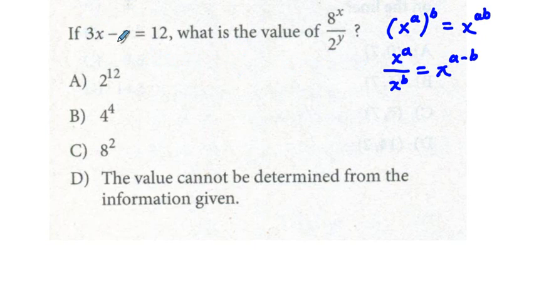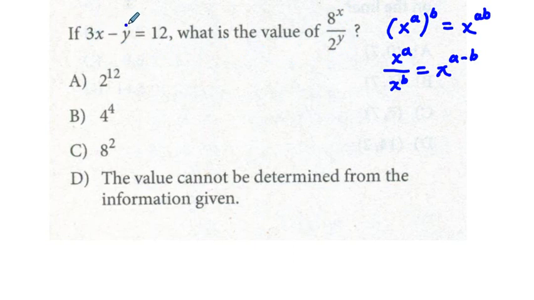All right, what we're going to do is, if we look at 8 to the power of x over 2 to the power of y, we have different exponents here. But we have an equation, 3x minus y equals 12, that can link these exponents, we hope. And so what we're going to do is solve for y.